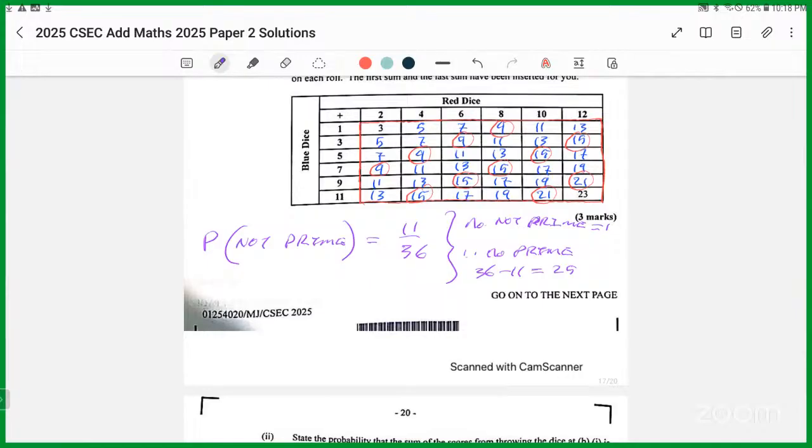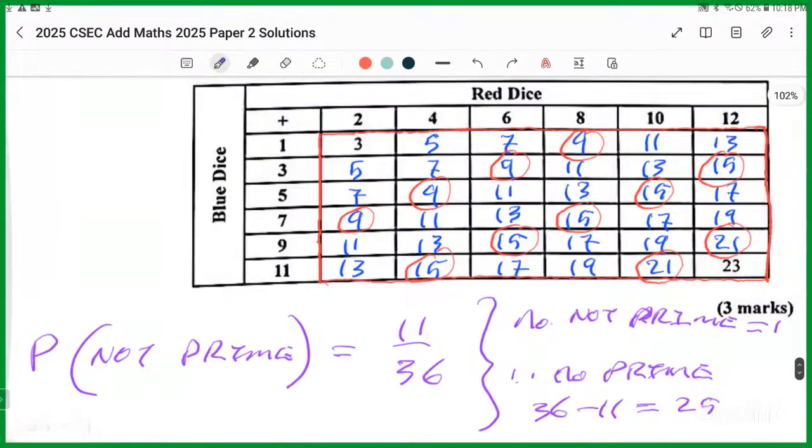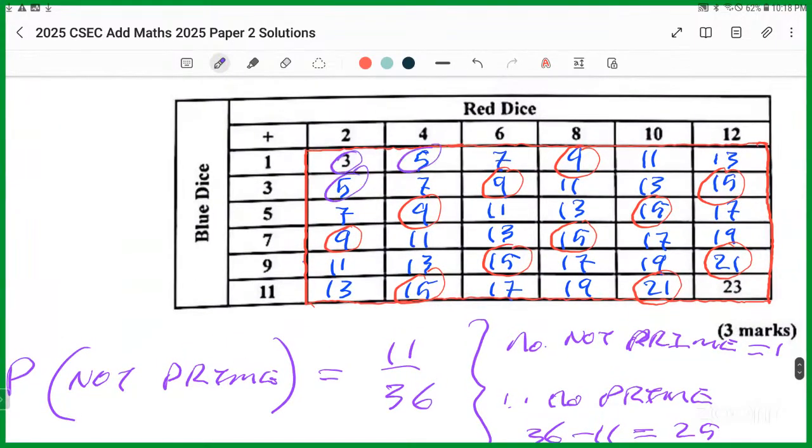If you want to count the 25 prime: 1, 2, 3, 4, 5, 6, 7, 8, 9, 10, 11, 12, 13, 14, 15, 16, 17, 18, 19, 20, 21, 22, 23, 24, 25. So we have 25 over 36.